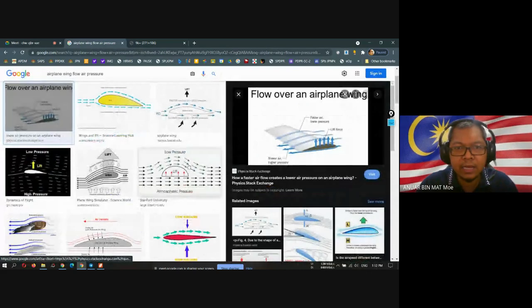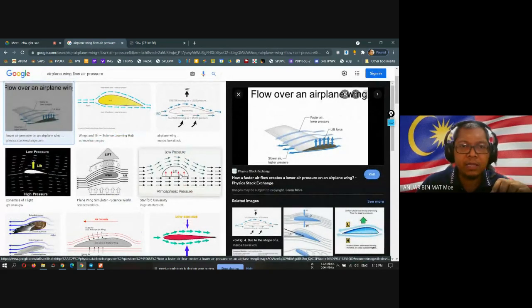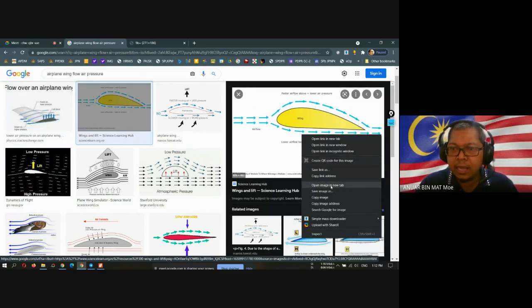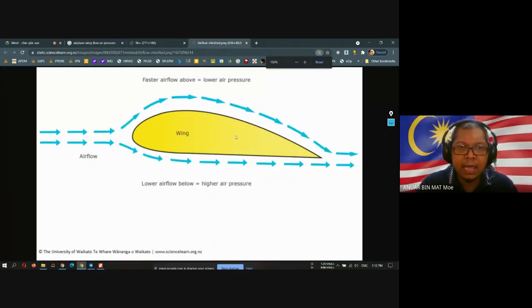Same thing over here. But you will be learning about this, I think, in SPM, in Form 4 physics. So for example, the aeroplane wings have a distinctive shape like here.